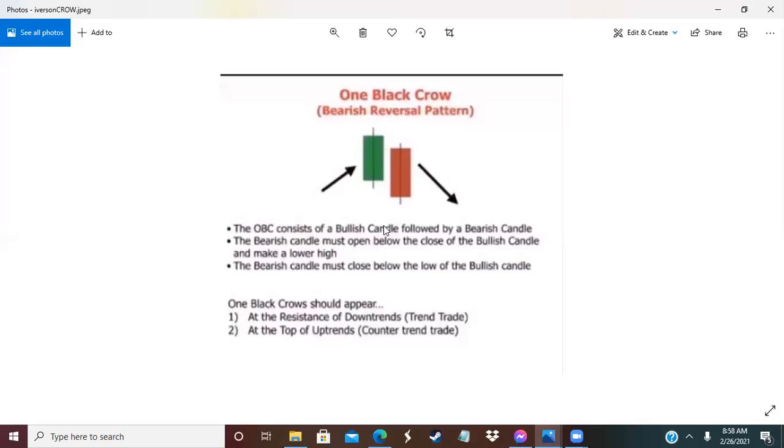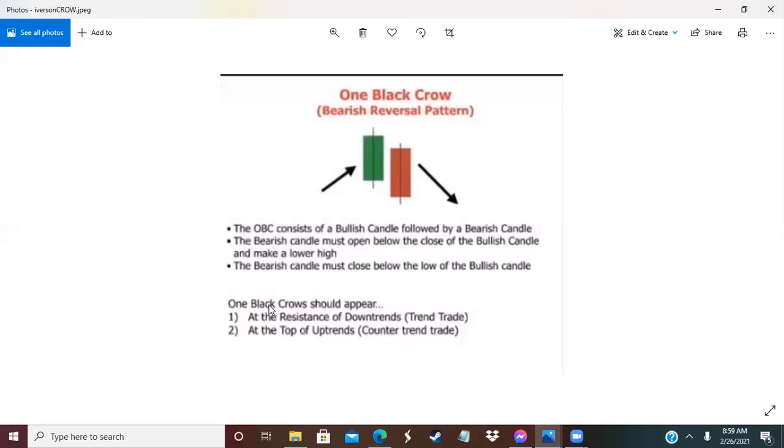The bearish candle's got to close here below the low. This is the low of the bullish candle. This is the close of the bearish candle. And so we've seen that occur. We believe now that there's a lot of pressure to drive the stock in the opposite direction. And so we get in and it happens for us and we make our money.